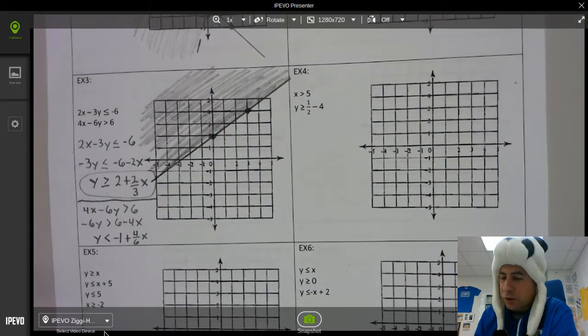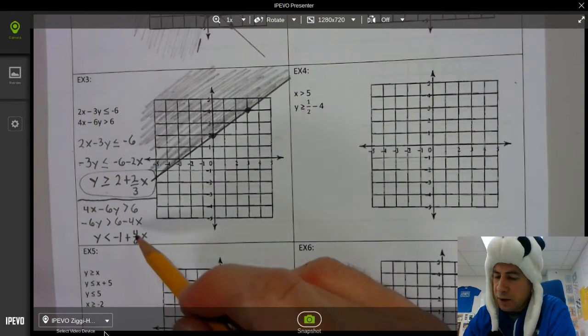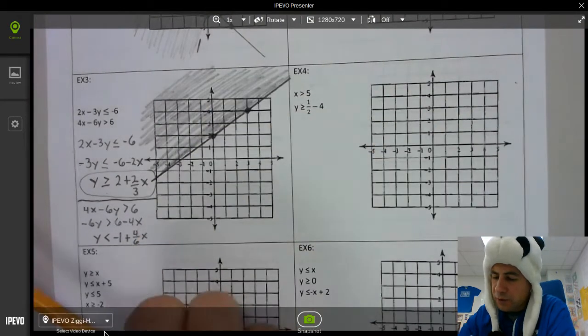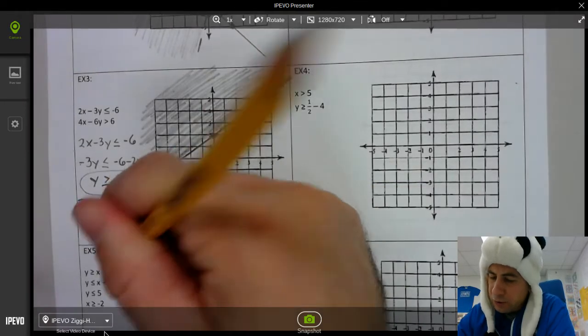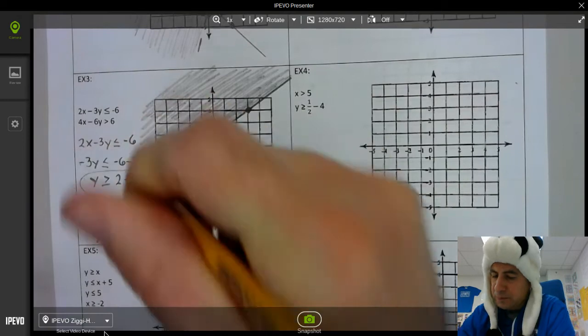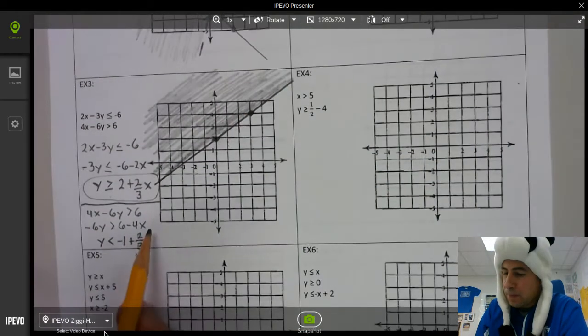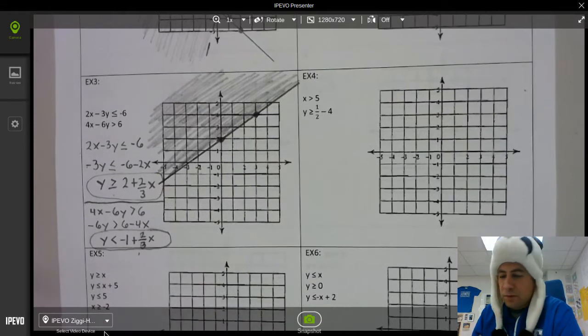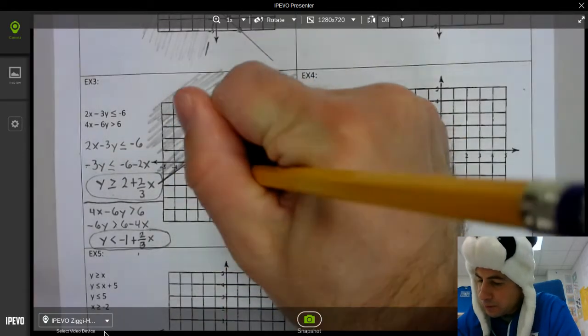Now, whenever you can, you want to reduce the fraction. And we know that 2 goes into 4 2 times and 2 goes into 6 3 times. So 4/6 actually reduces to 2/3. All right, so to graph, we start at negative 1.